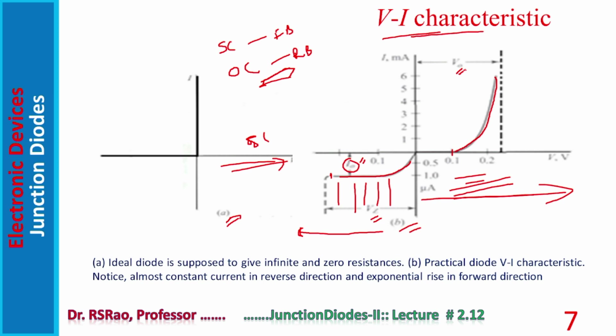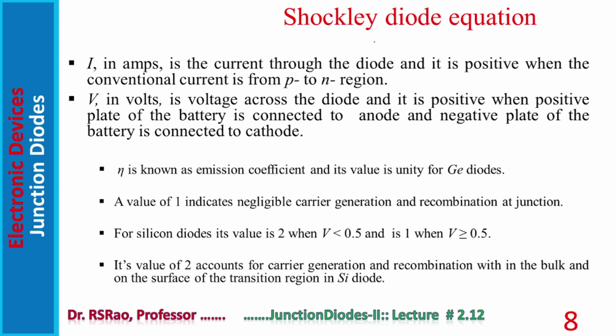In reality, the voltage is far below V0. On the reverse side also, there is a voltage limit. If the applied voltage is increased above this voltage Vz, then permanent damage happens to the diode. So on one side it is V0, on the other side it is Vz. These are the limits.